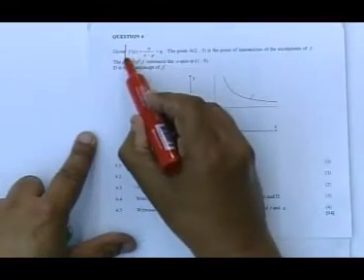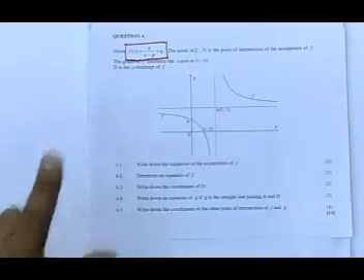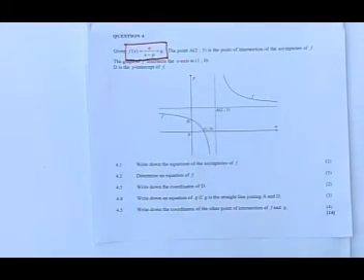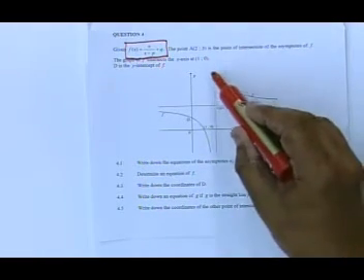So let's quickly look at the question again. You are given f(x), but they are not giving you the values of p and q, but importantly, they are giving you the asymptotes.